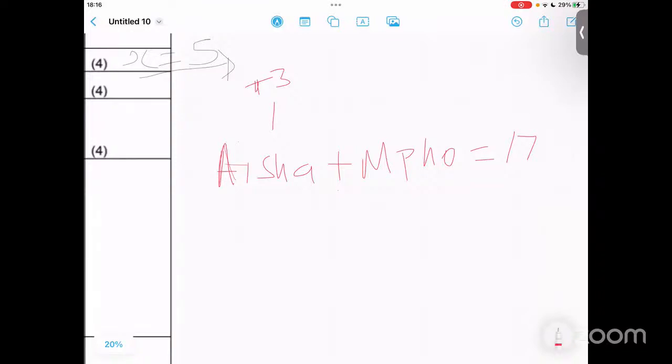So if we choose Asia to be x, that means it's going to be x plus, and how old is Mpho? Mpho is going to be x minus 3, because he's 3 years younger, and this one is 3 years older. If this one is 3 years older, that means this one is 3 years younger. So it's going to be x plus x minus 3, which is equal to 17.